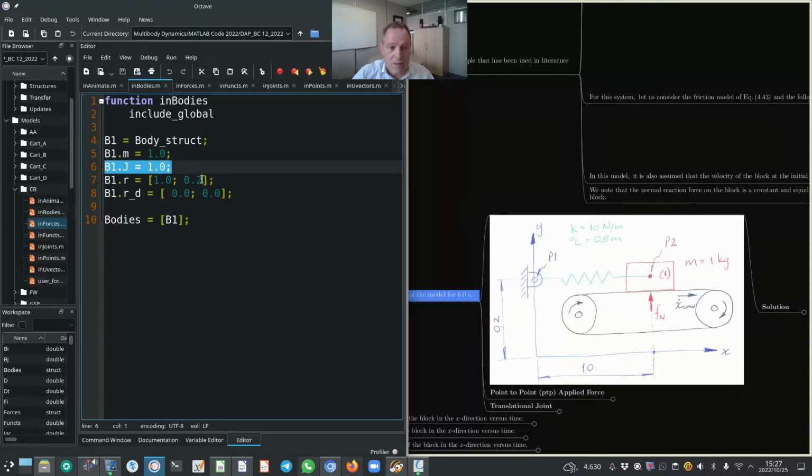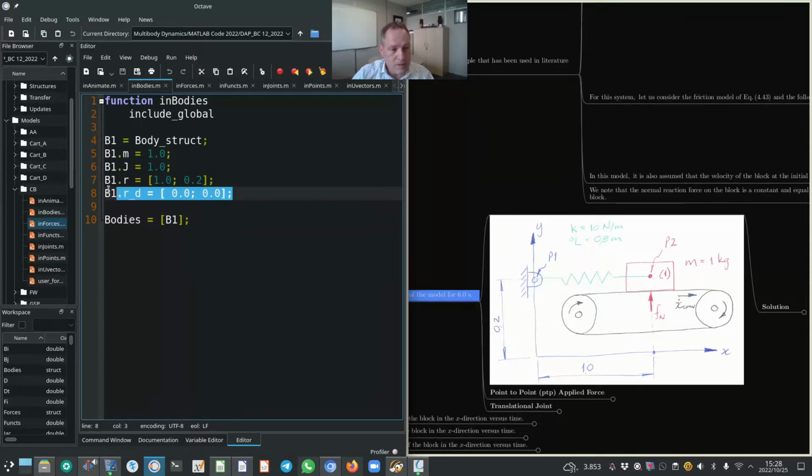Then the initial position for the body, this B1.r, and that's where these dimensions that I've indicated in my hand-drawn sketch come in. So the initial x coordinate for body 1 is 1.0, and the initial y coordinate is 0.2, as you can see here in my hand-drawn sketch.